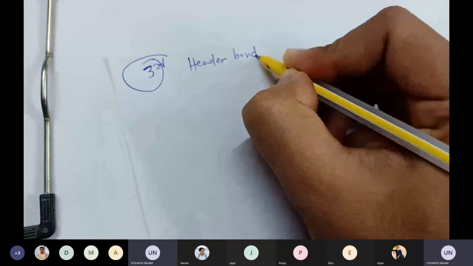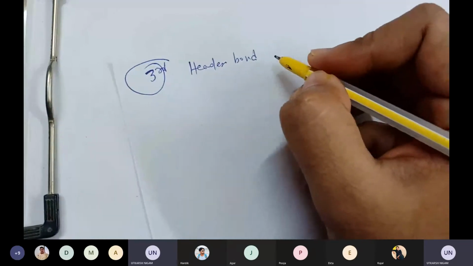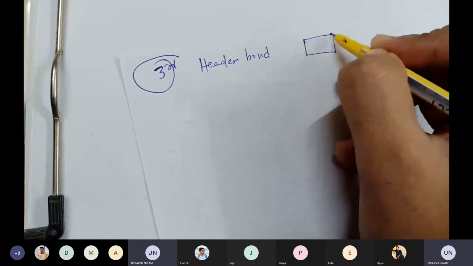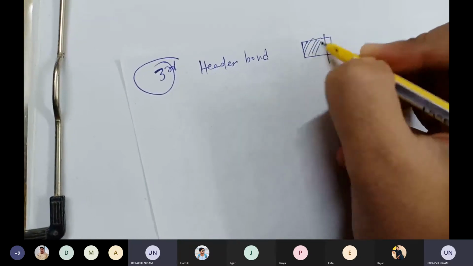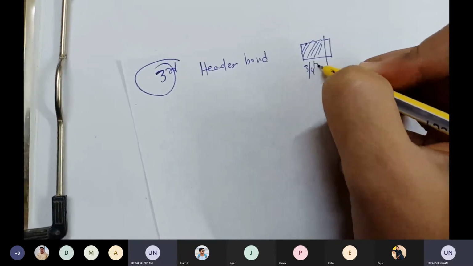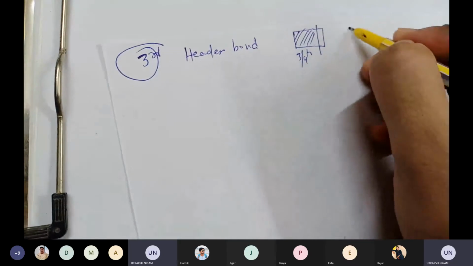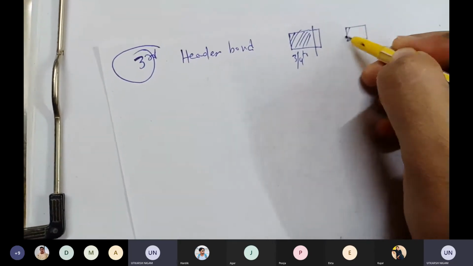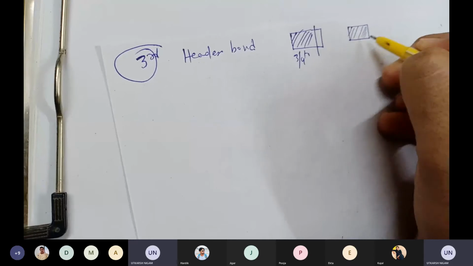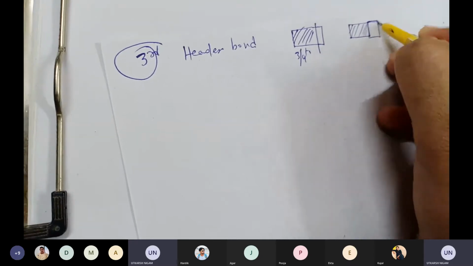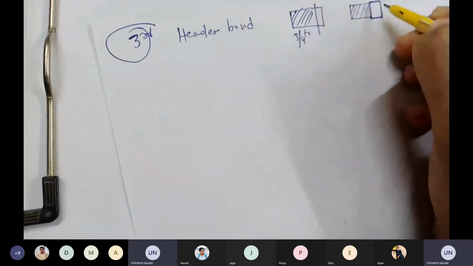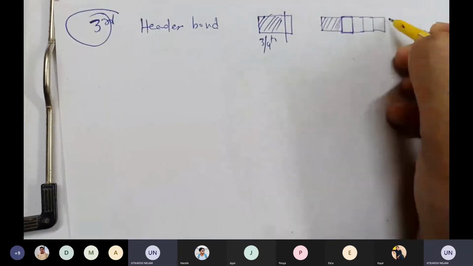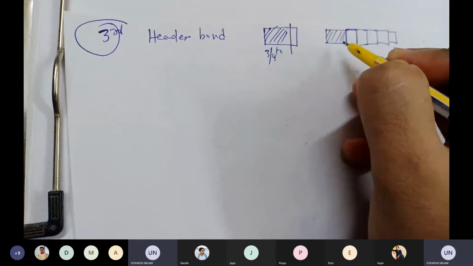In the header bond, only 3/4 bat is used. 3/4 bat means the 3/4 portion of the brick. So this will be used. Then after the 3/4 portion, one header is there, then another header, then another header, in such a way the headers will be there.